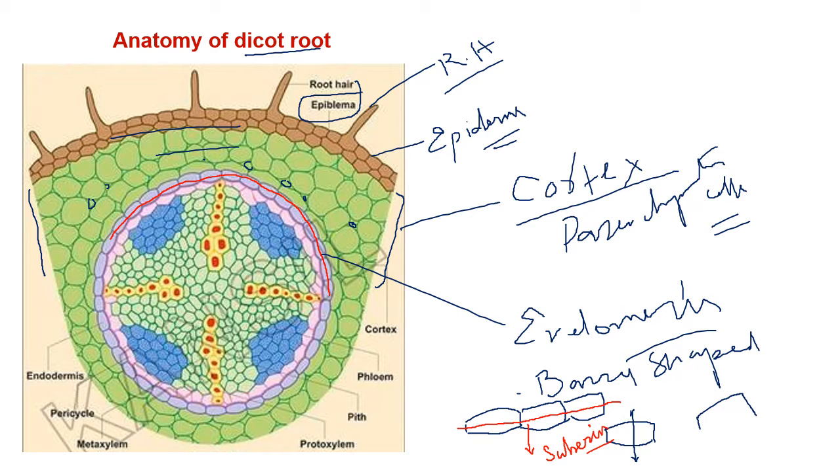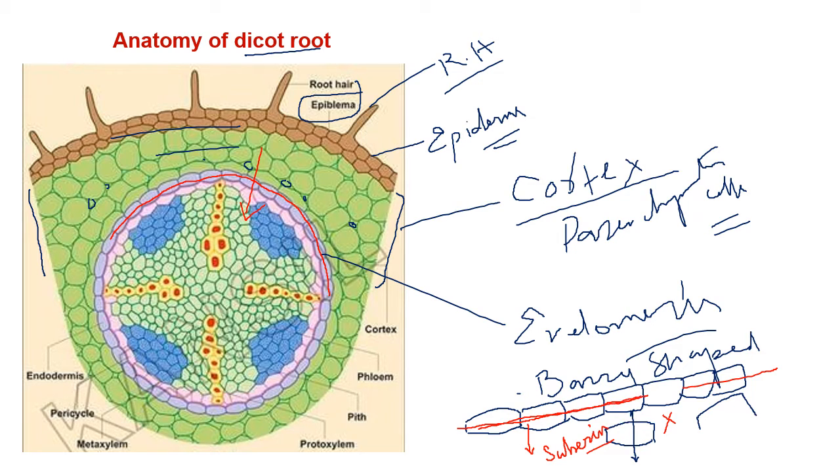However, water has to move from the cortex into the inner tissues. Now, how does that water reach the inner tissues? For example, this is the endodermis, and in endodermis there will be cells lacking this suberin deposition.